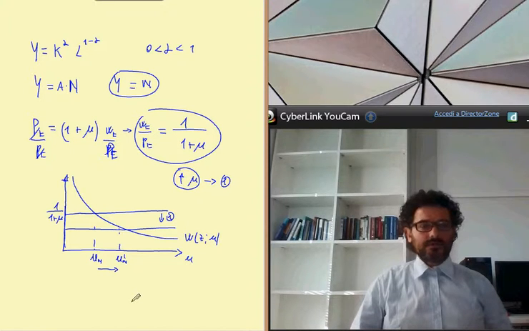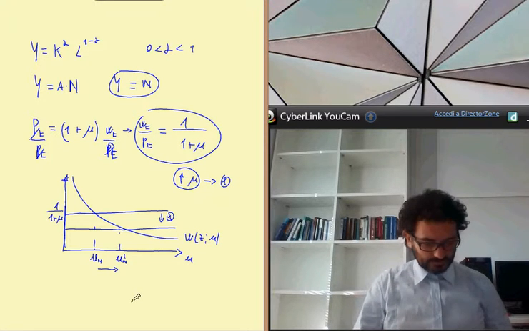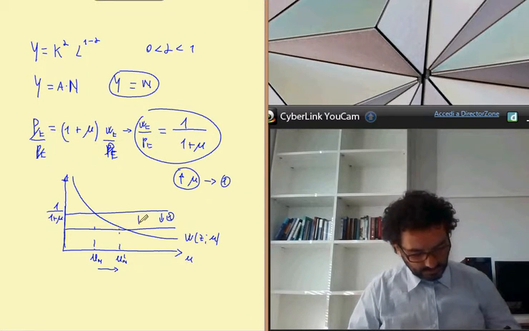The opposite holds if we have a reduction in the markup. In this case, the line shifts upward and we have a reduction in the natural unemployment rate, which is an equilibrium unemployment rate.